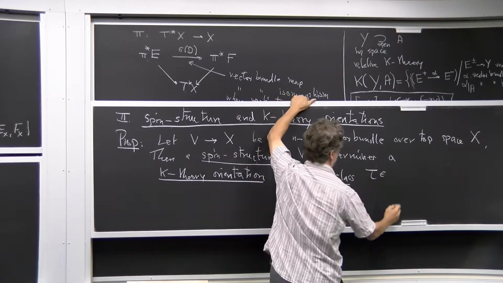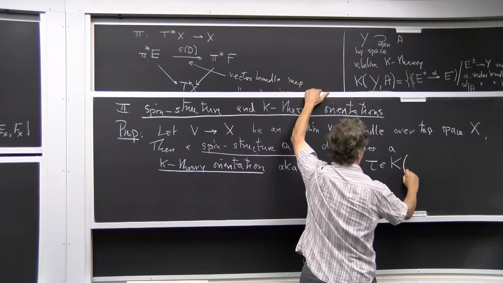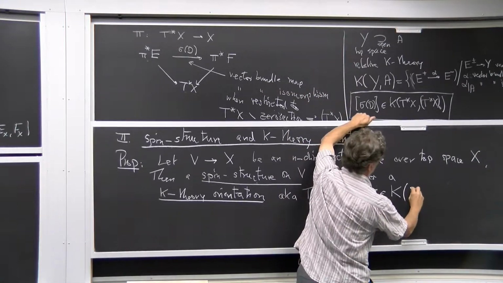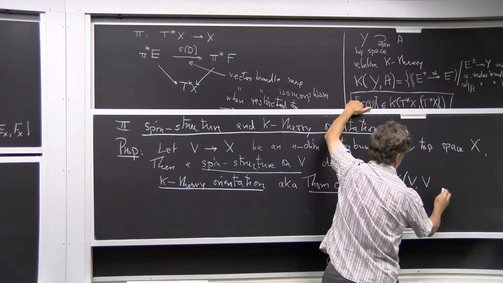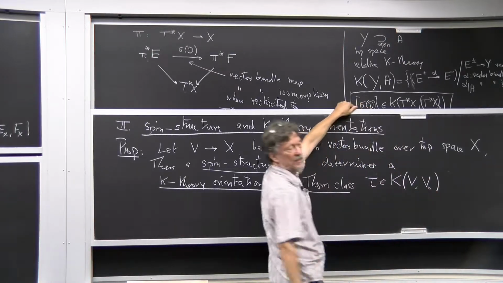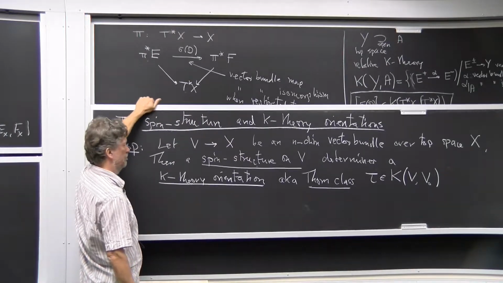Tau that lives in the K-theory of this corresponding pair of the total space of this vector bundle V relative to the complement of the zero section.